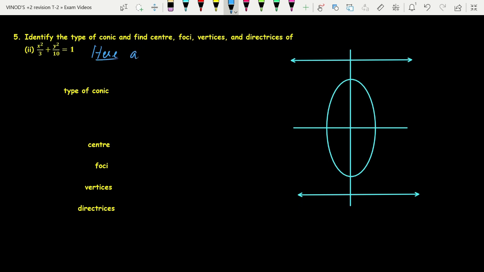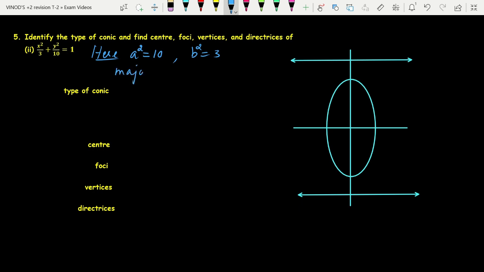So here a square is 10. The greater denominator must be taken as a square and the smaller denominator must be taken as b square. So a square is 10, b square is equal to 3.